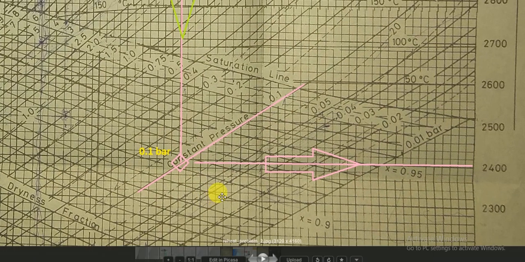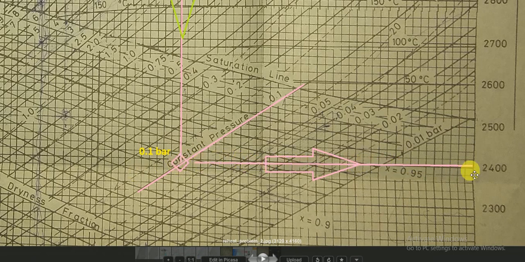How do you know which is the 0.1 bar? You look here on this line, there are pressure points. This is the 0.1 bar pressure. So you follow this 0.1 bar pressure till it meets the straight line. Lock on this. You note down this point, mark this point, and move to the right or left, whichever you feel comfortable.